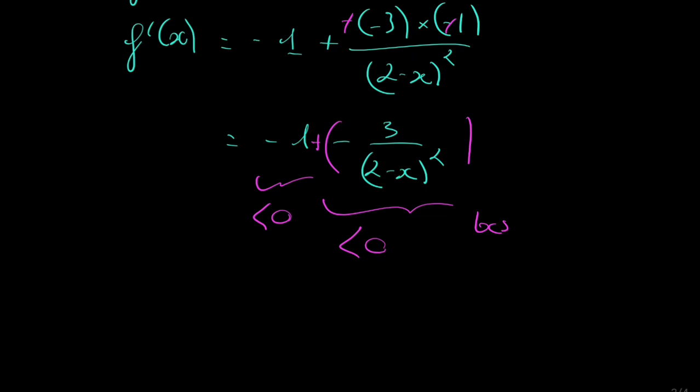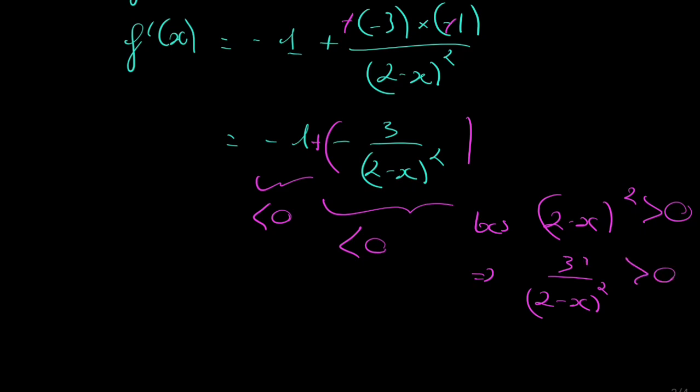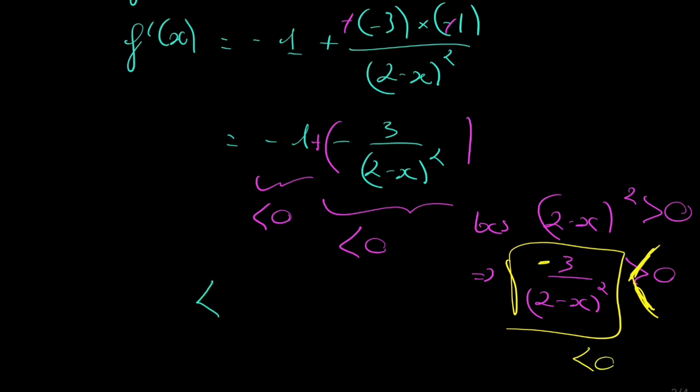Because 2 - x squared is a square, so it is strictly positive, which implies that 3 over (2 - x)² is strictly positive, because 3 is strictly positive, of course. And when we add a minus, we've got the opposite thing, because we multiply the inequation by minus. And so this whole thing here is, of course, strictly negative. And when we add two things strictly negative, we get something that is strictly negative all the time.